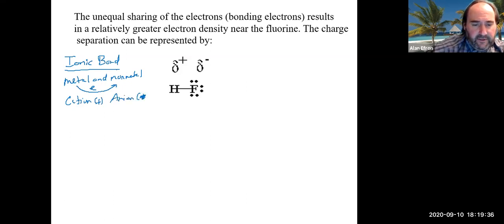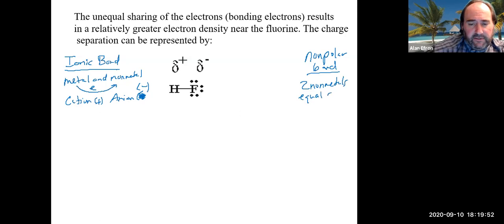That's a negative charge there. Try that again. Negative. On the other end of the spectrum, we have really a nonpolar bond or nonpolar covalent bond. And that is between two nonmetals where we have equal sharing of electrons. And an example of that would be something like F2 that we just saw, or H2.